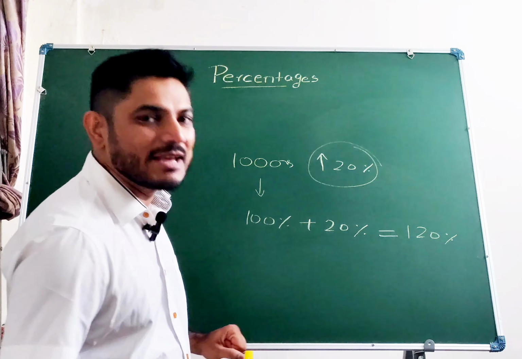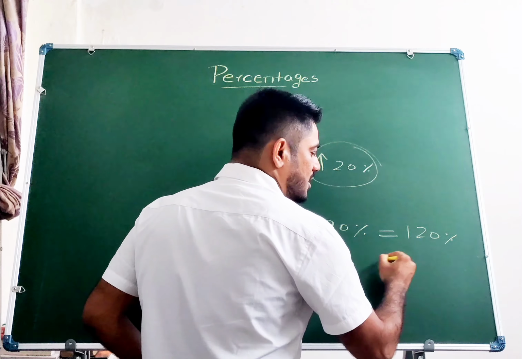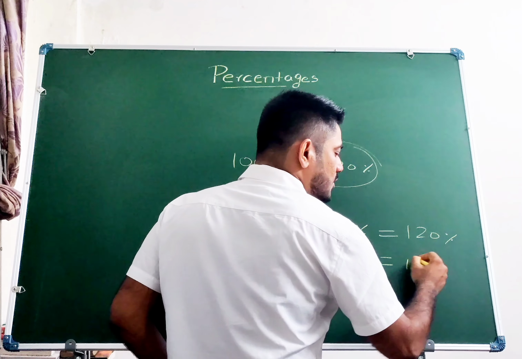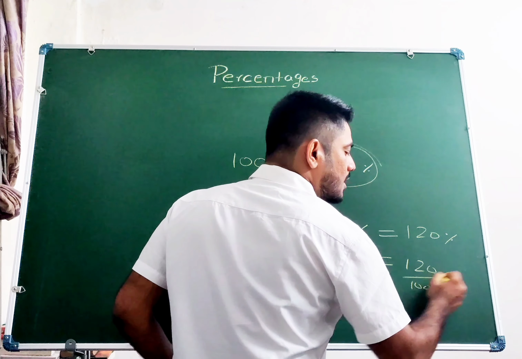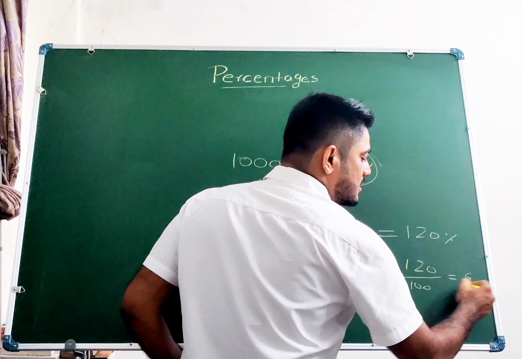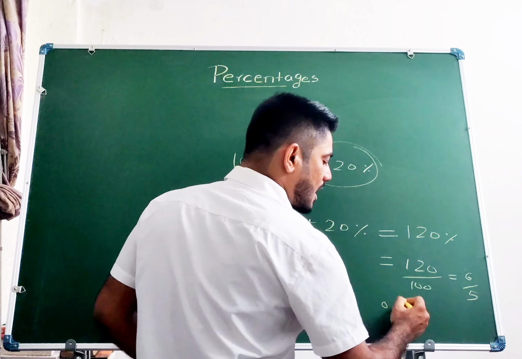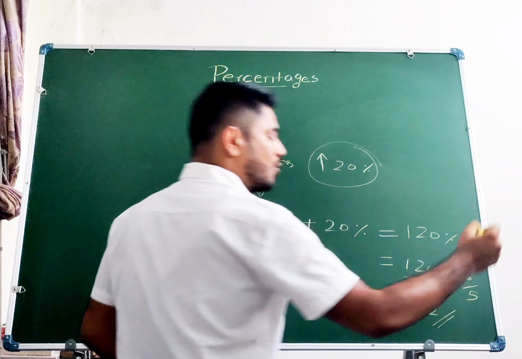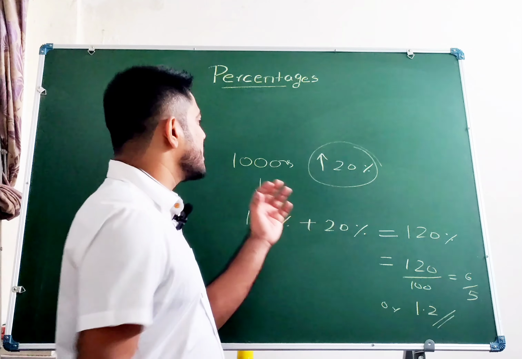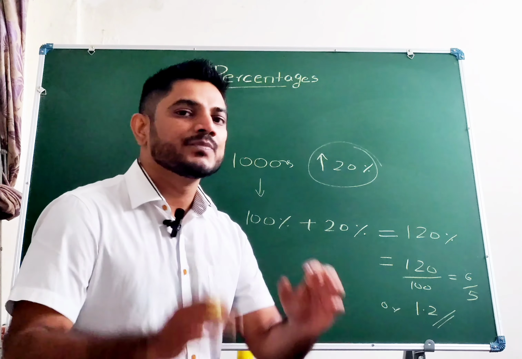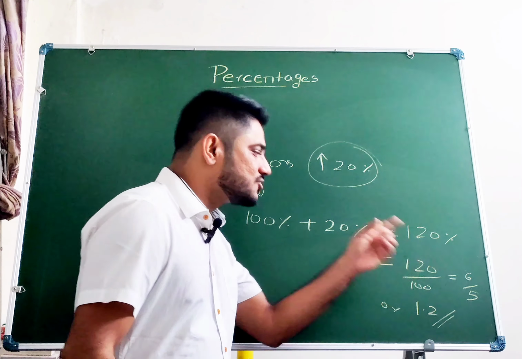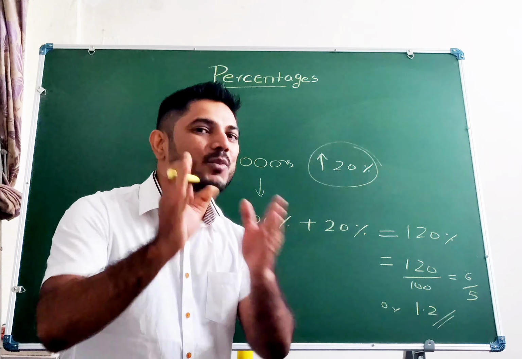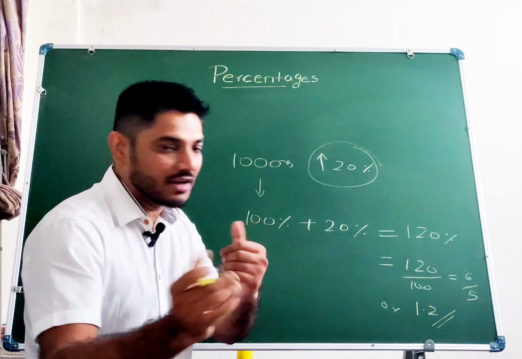This is the multiplying factor if I convert it into its ratio form or decimal form, which is 120 by 100. In ratio form it would be 6 by 5, and in decimal form it would be 1.2. So when I say that increase an amount by 20%, what I mean is just multiply that amount by 6 by 5 or 1.2, and that is your multiplying factor, and you'll get your final value.